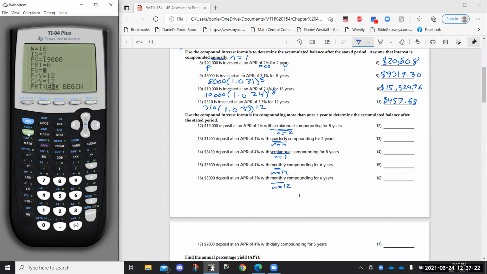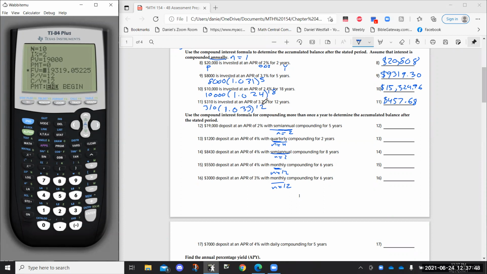Hit your green, for me it's green, hit your alpha key, and then hit enter, which is solve. And don't worry about that negative sign. It just has to do with a banking thing because this is money that's coming in from you. This is money that the bank is going to have to pay out in the end. So it has a negative sign because it's money going out of the bank.